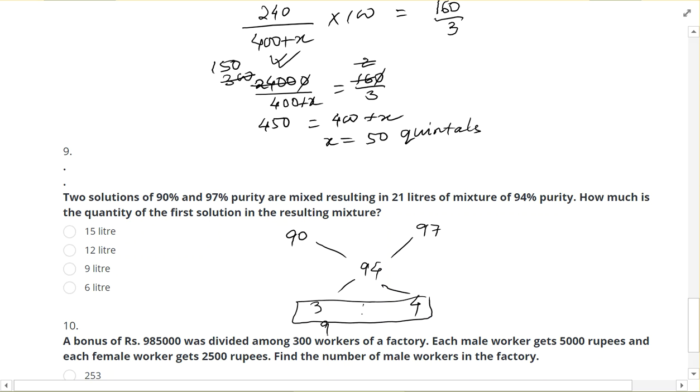That means it is 9 and it is 12. How much is the quantity of first solution in the resulting mixture? So 90% purity solution is 9 liters and 97% purity solution is 12 liters. That's how 21 liters of the mixture. So 9 liters is the answer.